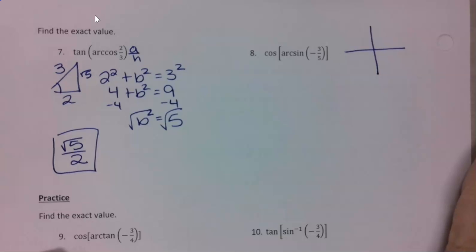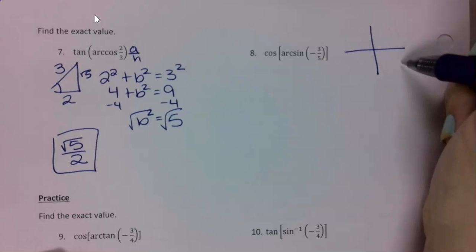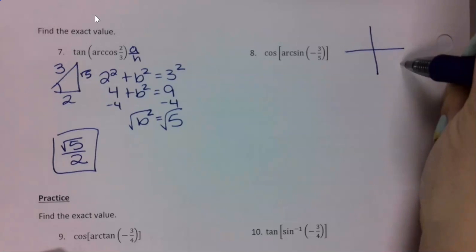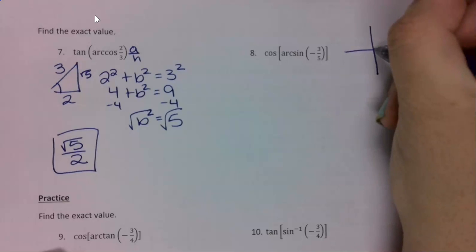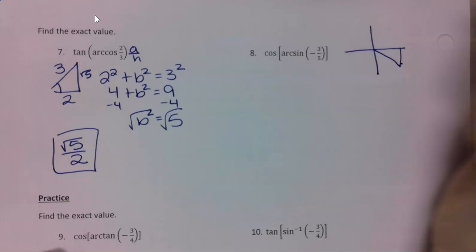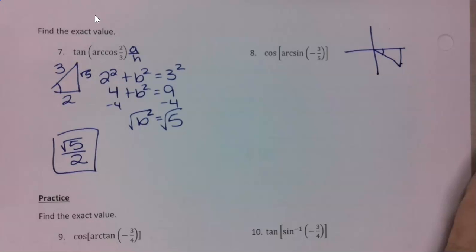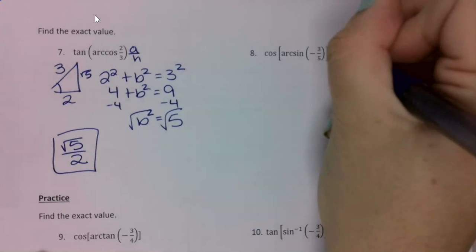When we're looking at inverse sine, which two quadrants am I always looking at? The first and fourth. So where is sine negative? The fourth quadrant. And then sine is opposite over hypotenuse.